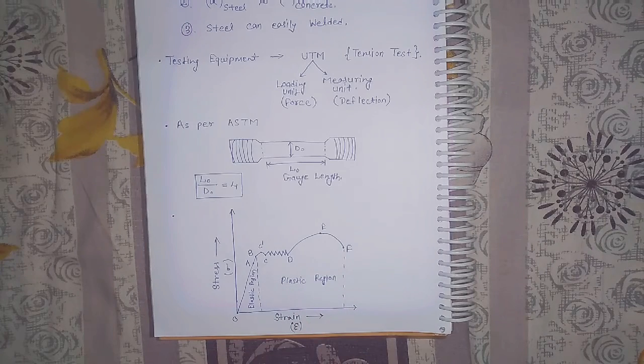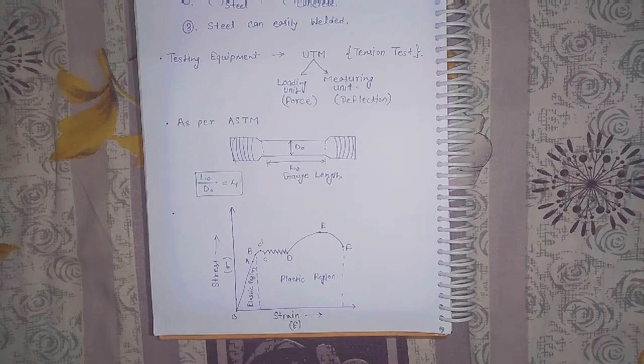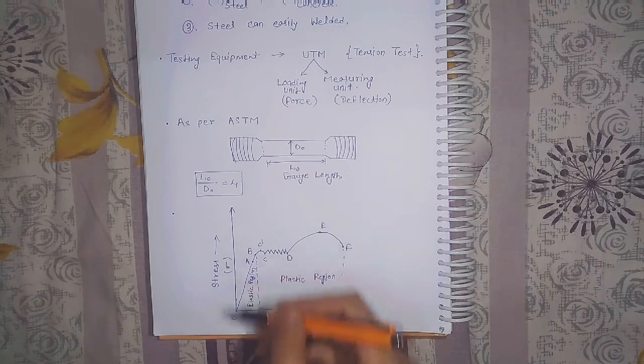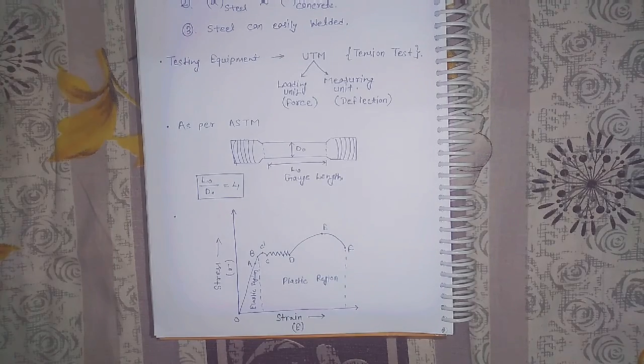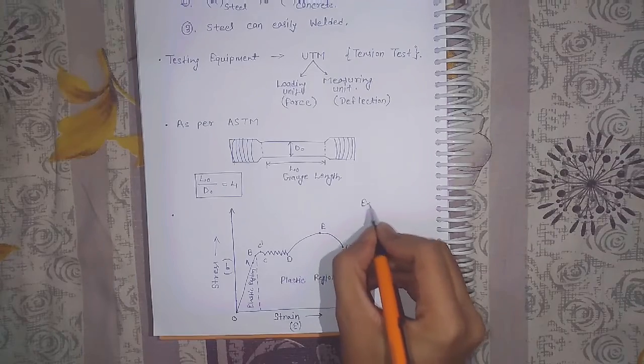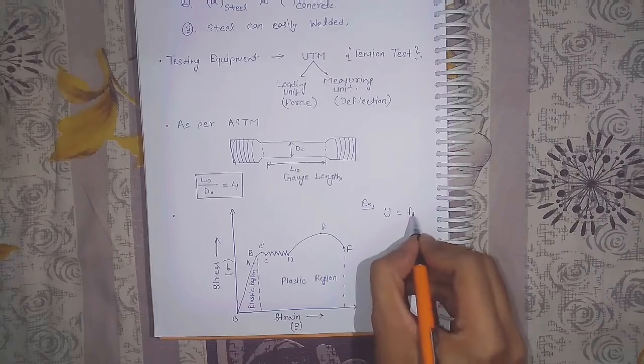This is the stress strain curve which is found for the mild steel. On the x-axis there is strain, and on the y-axis there is stress. The question will arise, why do we choose stress on the y-axis? For example, suppose y is a function of x.